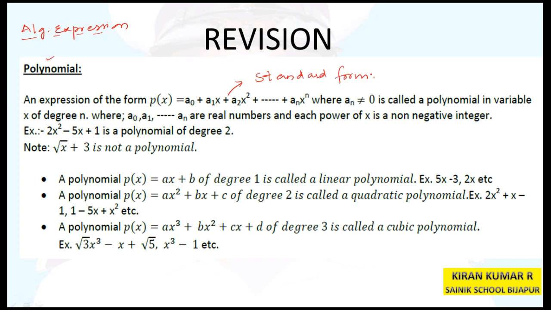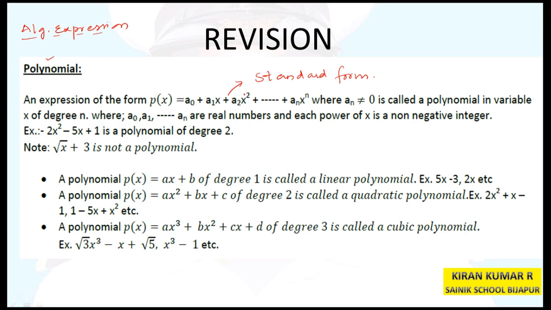In some of the books, it's written in reverse. The order is changed. They will write it in decreasing order of the powers. There is no problem in doing that. The standard form can also be an x to the power n plus an minus 1 x to the power n minus 1 in continuous decreasing order, and the last term would be a naught x to the power 0.